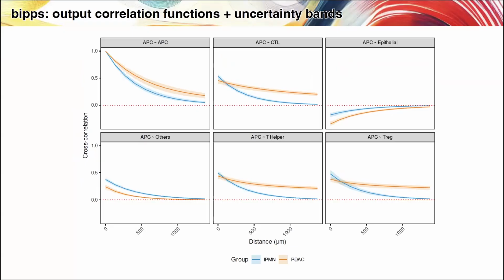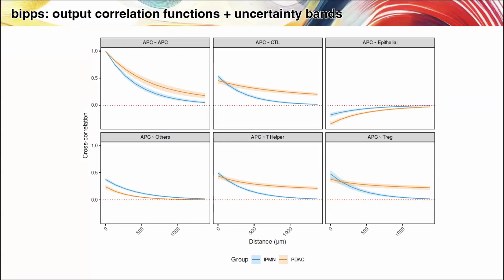Except for this, which is a mistake. These are all cross-covariance correlations. So this tells me how, for example, APC and T helper co-cluster in space in PDAC versus IPMN.